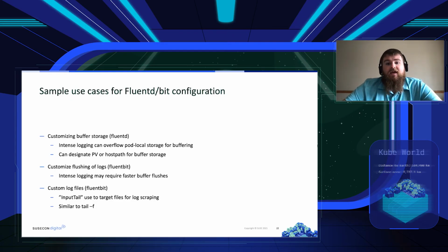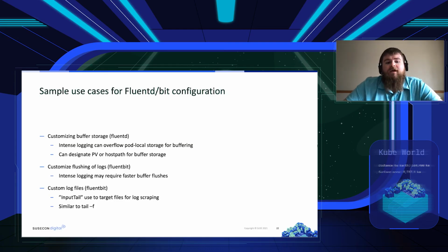This means that when I have many different log files being flowed to that central Fluentd instance, and I am not sending those to my aggregation endpoint quickly enough, we can overflow the buffer space, which by default resides in pod local storage. In this case, we could designate a persistent volume or a host path for buffer storage, which would make more room available for our buffer to expand before sending those log entries out to our aggregation endpoint.